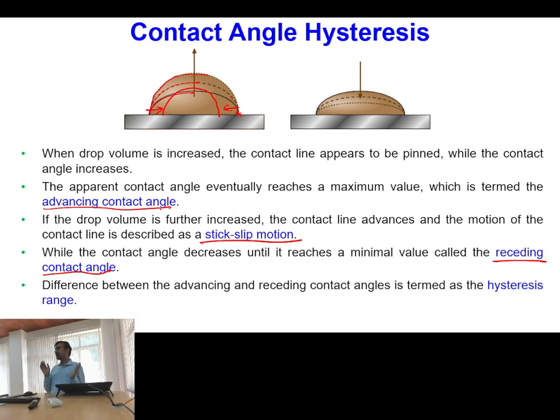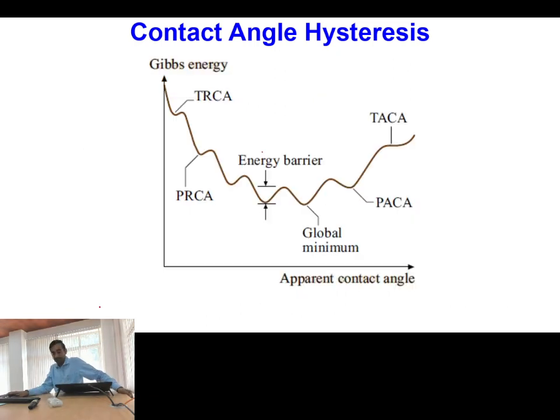After reaching the highest value, it will move outward and occupy a new position. Again it is stick-slip motion, but now the contact line is advancing in the outer direction, so we call this the advancing contact angle. The difference between the two is called contact angle hysteresis.